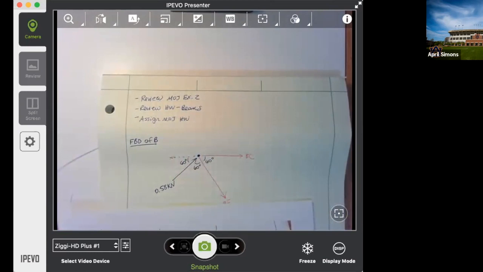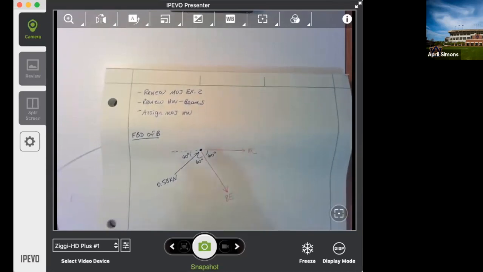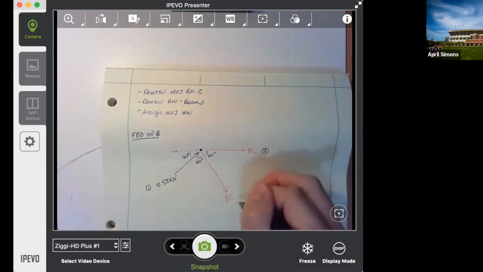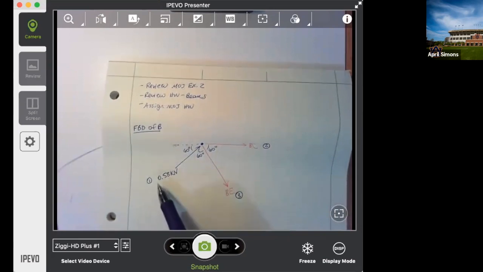Okay, this is one of those cases where it is helpful to name the forces or number the forces so that we can draw our chart. So I'm going to call this force 1. We'll call BC force 2, and BE will be force 3. Okay, so I'm looking at force number 1.